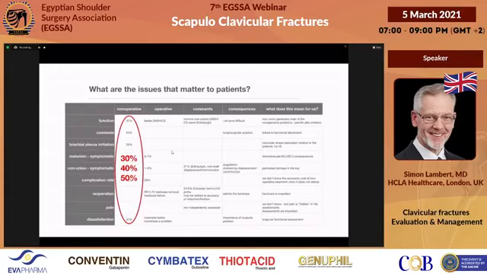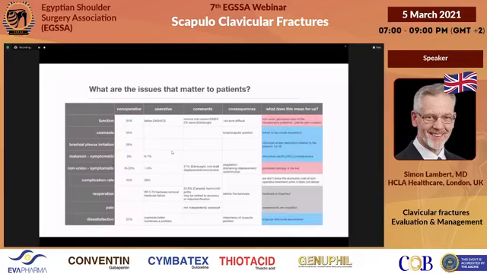For non-union with symptoms, the incidence in non-operative management is roughly 4 in 10, and overall a complication rate for non-operative management is something like 1 in 2 if we ask for the symptoms.